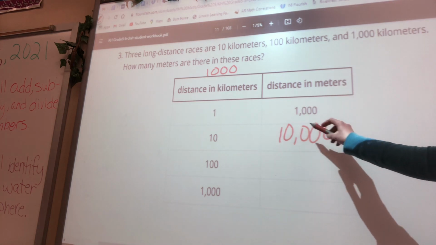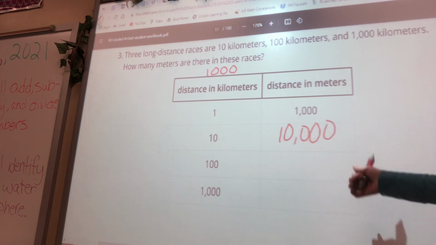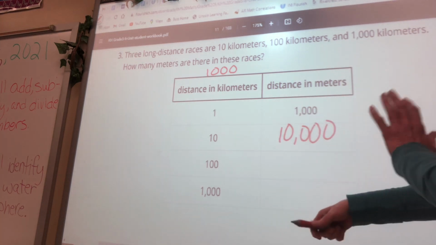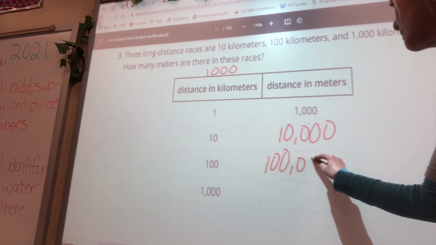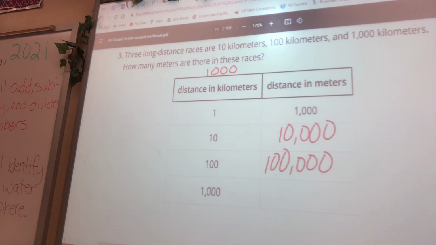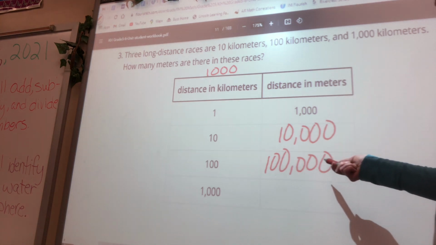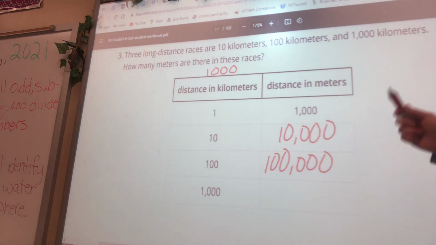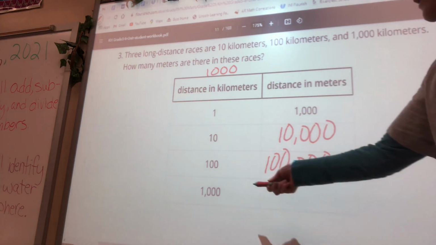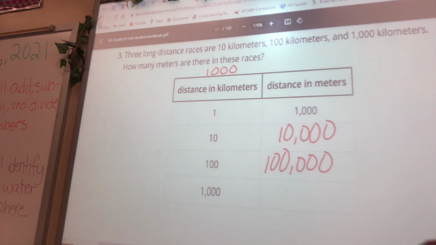If I increase 4 place values by one more multiple of 10, that would be 5 place values. So it would take 100,000 meters to equal 100 kilometers, and that makes sense. And then finally, this is 10 times more. So they've even made us go up higher.